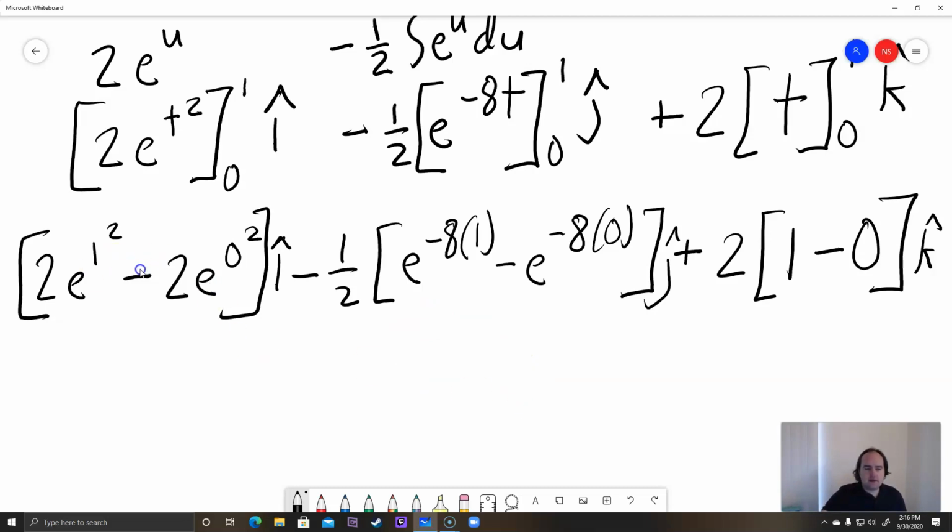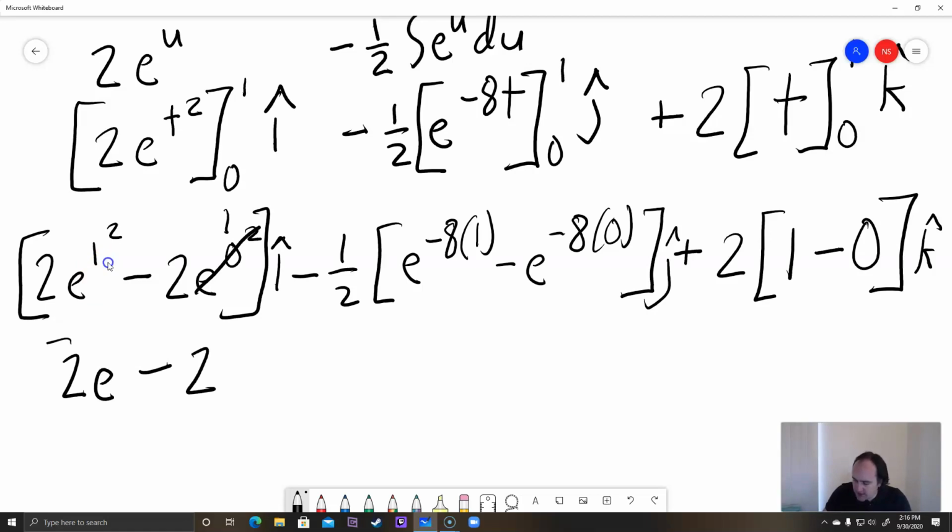All right, and then obviously we can simplify these hopefully pretty easily. So for the first one, 1 squared is 1, and e to the 1 is e. So for the first one, we have 2e minus, well, e to the 0 is just 1, so it's going to be minus 2.